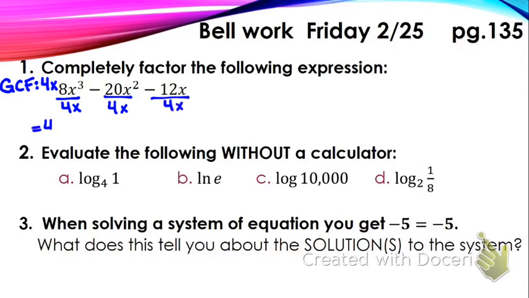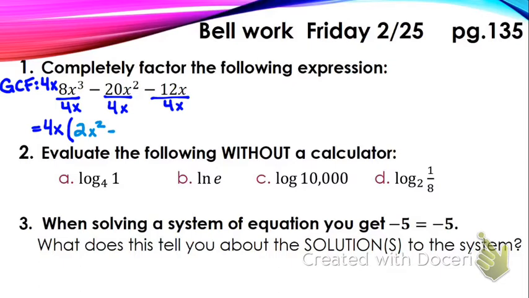And when I rewrite that, I have 8x cubed divided by 4x, which will give me 2x squared. Negative 20x squared divided by 4x.